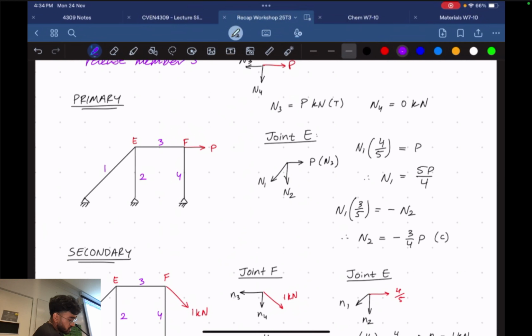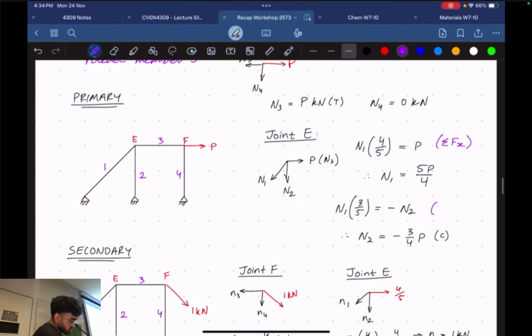Up here, I've done sum of forces in x, and down here, sum of forces in y. Any questions? I'll give you a minute to copy it down. I've got N2 is equal to minus 0.75P, and N1 is 1.25P. You can take photos as well, that's alright.